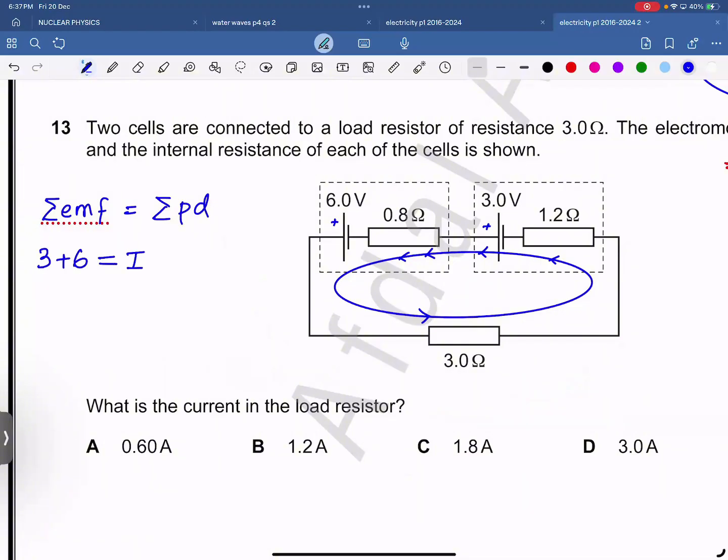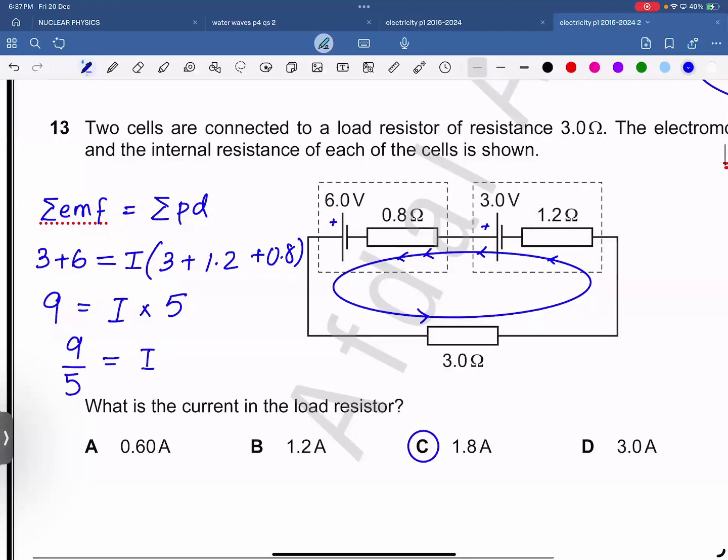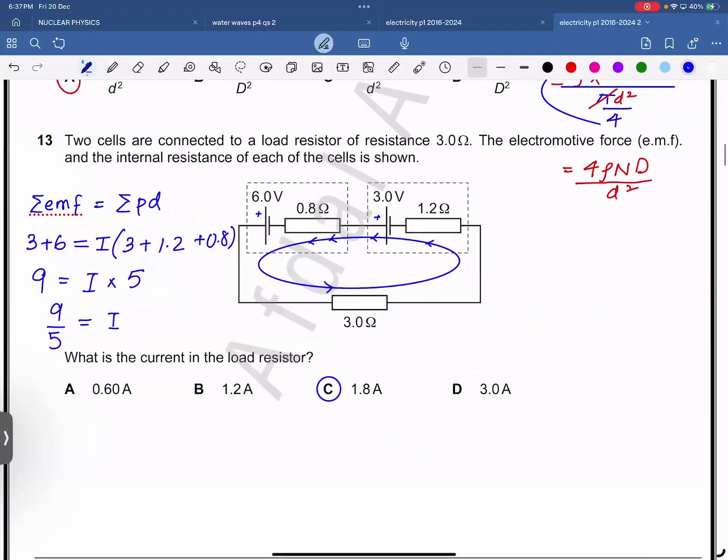For PDs, I can directly do R plus R plus R. 9 equals I times 5. 9 divided by 5, I is 1.8. Here we applied Kirchhoff's second law: sum of all EMFs equals sum of all PDs.